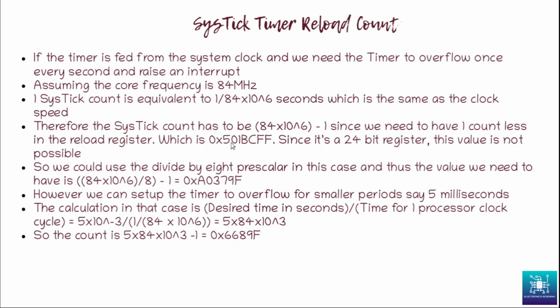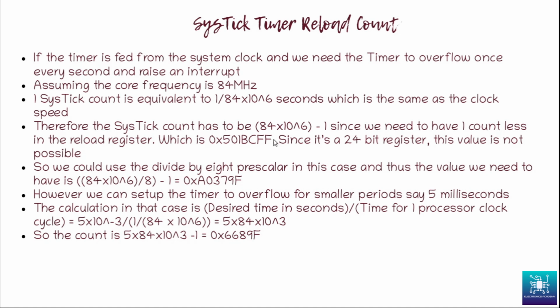If you count, 4 4s are 16, 17, 18, 19, 20, 21, 22, 23, 24. So this is like a 27-bit value, and this is a 24-bit register. So with an 84 megahertz clock, it is not possible to have a 1 second timer overflow.